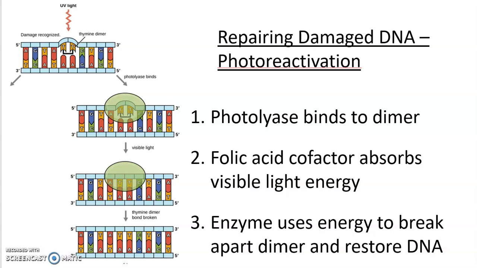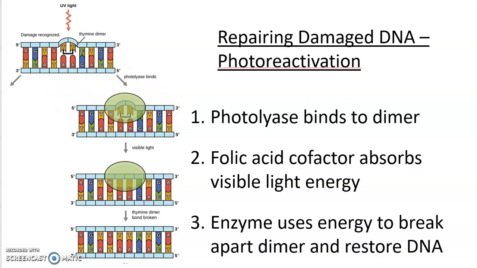And what happens is there's an enzyme floating around in the cells that's known as pyrimidine dimerase or photolyase, depending on which paper or textbook you're reading. And this enzyme is going to be floating around, and it'll bind to the DNA and scan along it. And when it runs into this dimer, the enzyme is going to stop there.